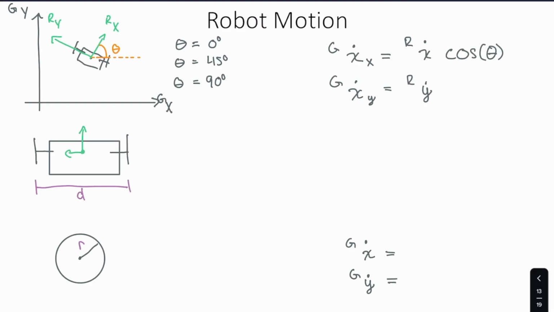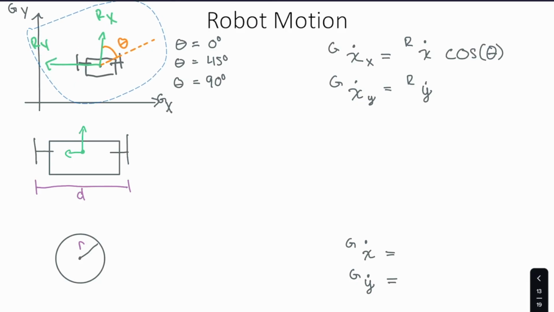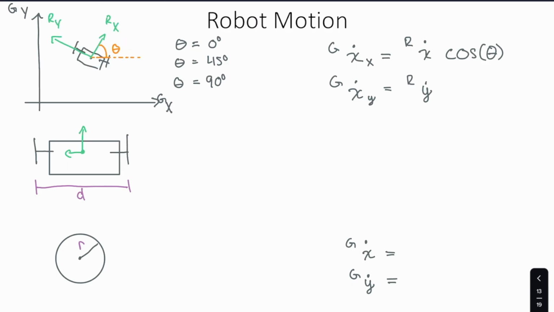Well, if our robot is rotated at 0 degrees, like so, our x direction is in the opposite. So we would need a negative sign over here. So that would be something like -1 in the case of 90 degrees.